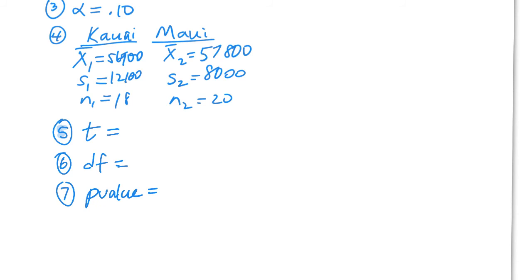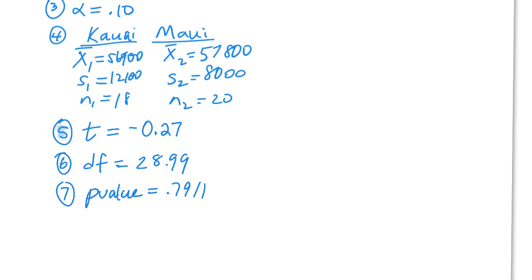So I'm going to pause and calculate that stuff. Okay, I'm back. The test statistic, if I round to two places, was negative 0.27. The degrees of freedom on my screen says 28.99. And the p-value on my screen is 0.7911.